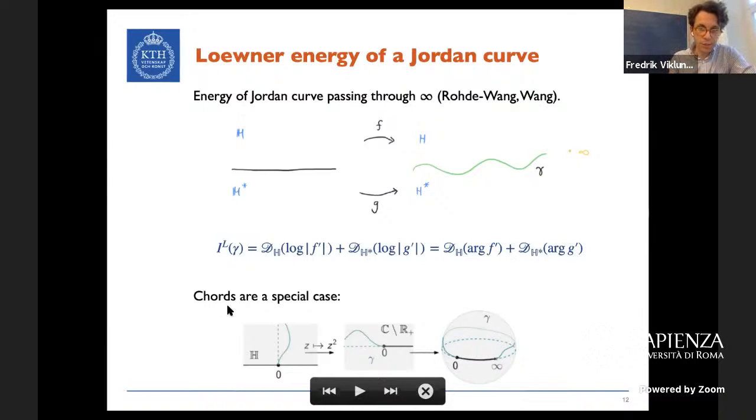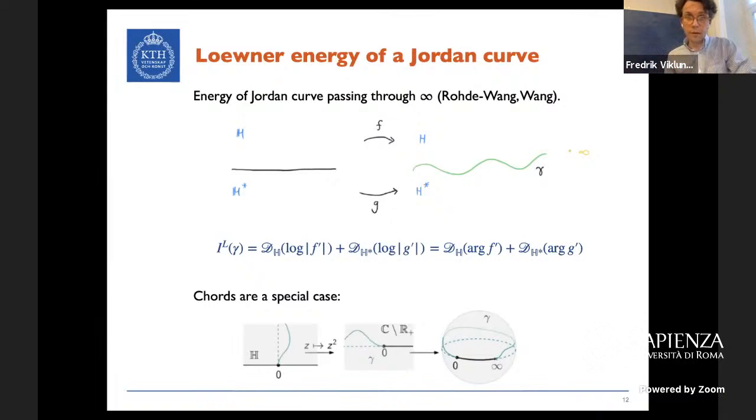And actually chords are a special case here, because if you think about the chord as living in the upper half plane, and we square this, the half plane, the real line gets mapped to the positive real line. And if we think about this curve as now living in the Riemann sphere, it looks like this. So actually this chord is just an example of the situation we had up here, but where part of it is straight.